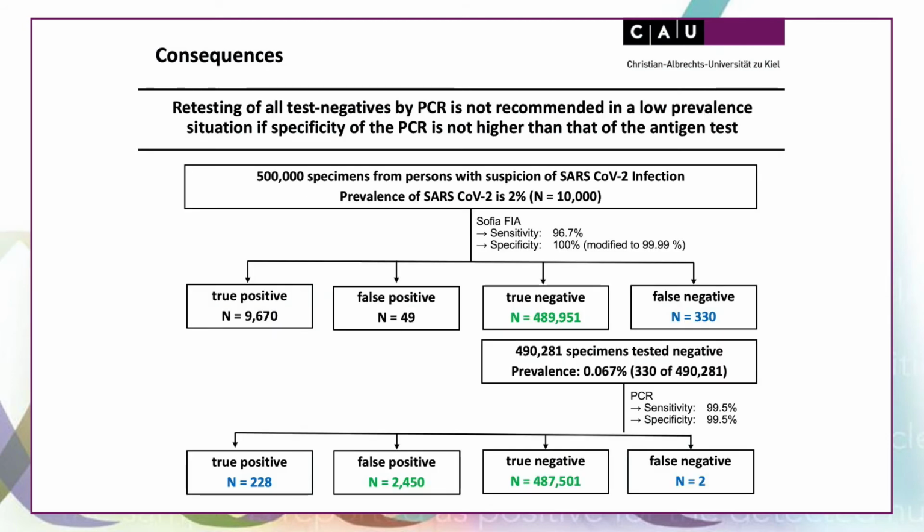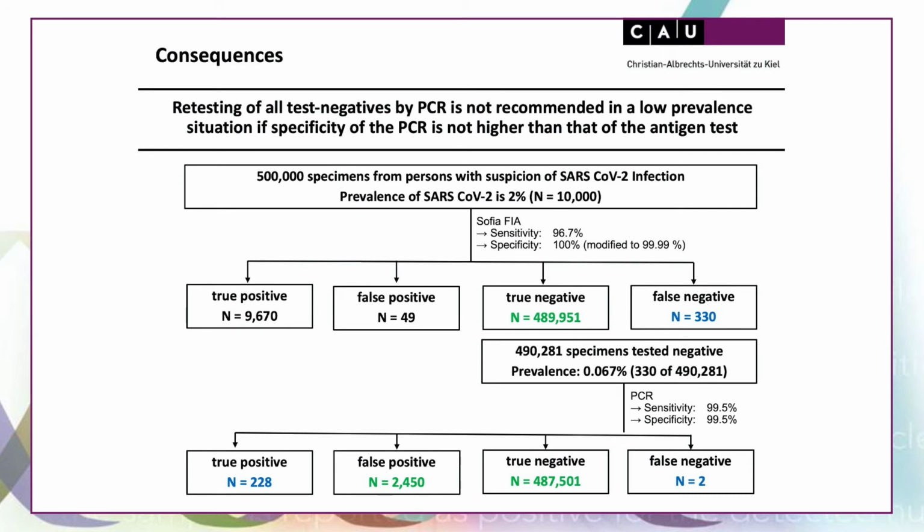Well, what happens when negative results of the Sophia are retested by PCR in a low prevalence mass testing? When assuming a prevalence of 2% coronavirus 2 infection in 500,000 tested persons, the antigen test would produce only 330 false negative results and 40 false positives.